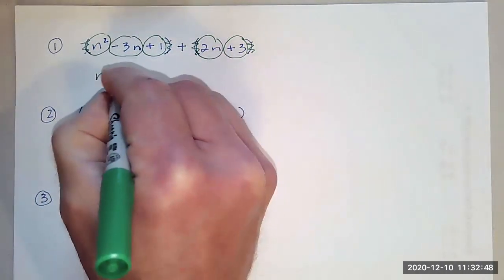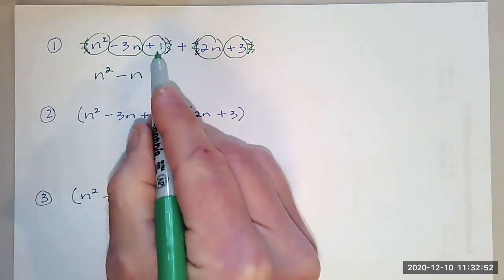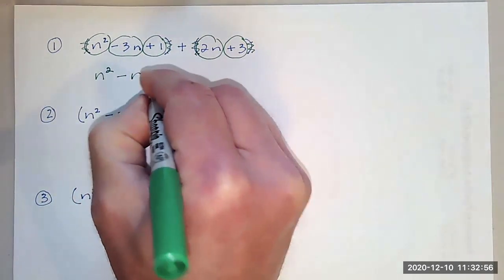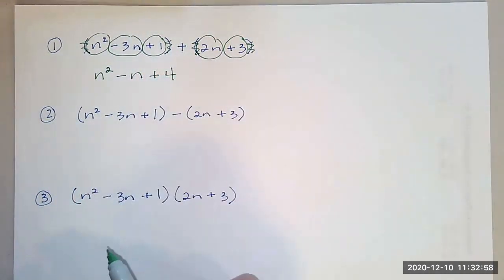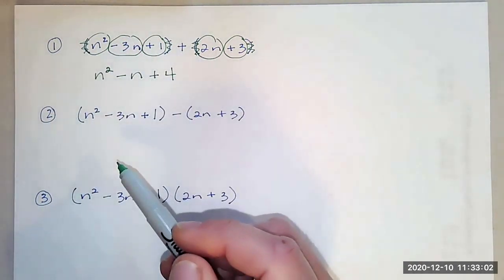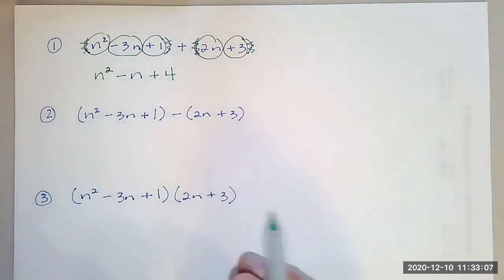You add them up, I get negative 1n. I add up the constants, 1 and 3, and I get positive 4. So that is our expression. That is the sum of those two polynomials, a binomial and a trinomial, or more generally, polynomials.